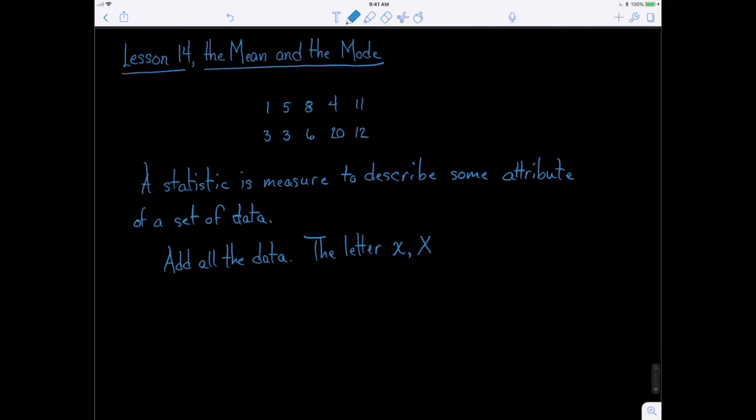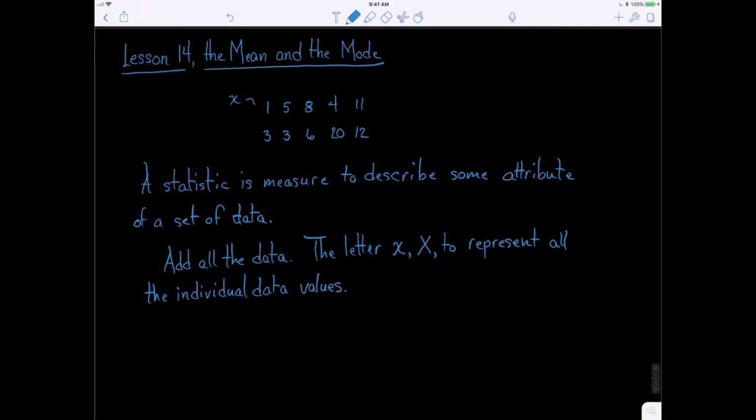We use the letter X to represent all the individual data values.